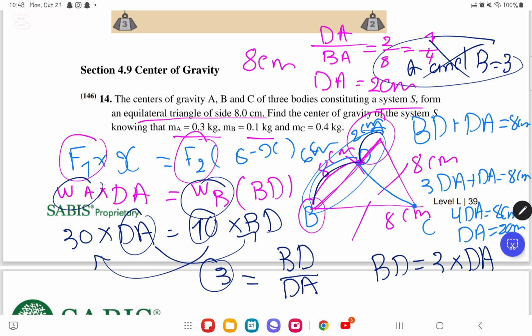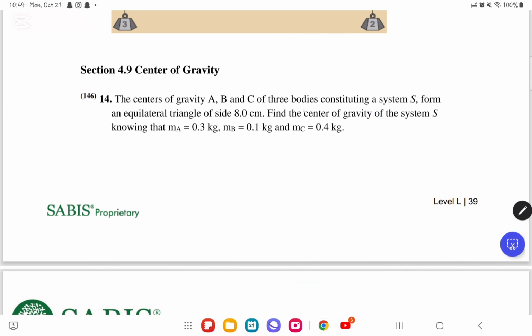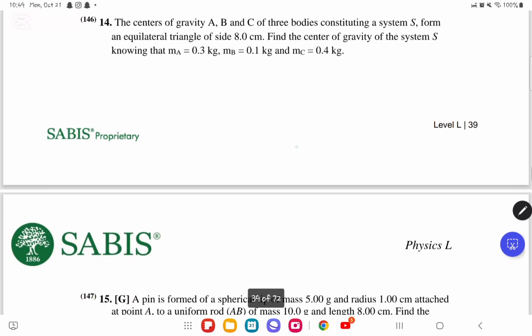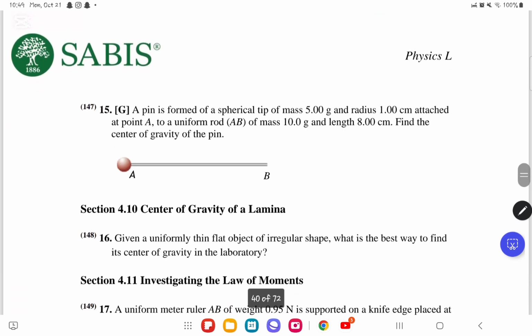And since it is an equilateral triangle, then like that we would have found the center of gravity, which is that 1 over 4, in the case that dA is a fourth of BA. So in conclusion, I don't think this will be coming in the periodic, but it's something really nice to know. Question number 15.